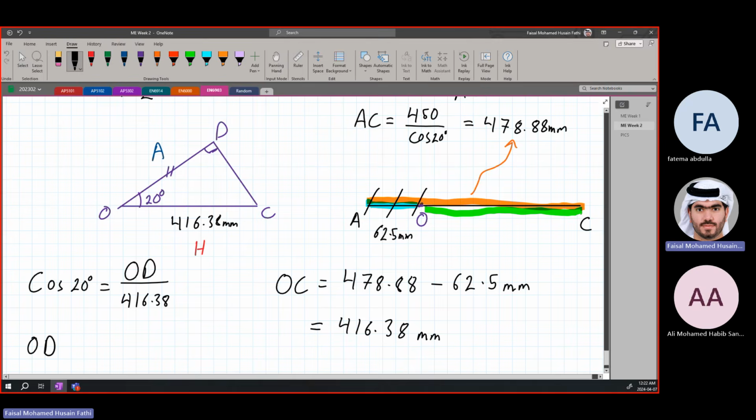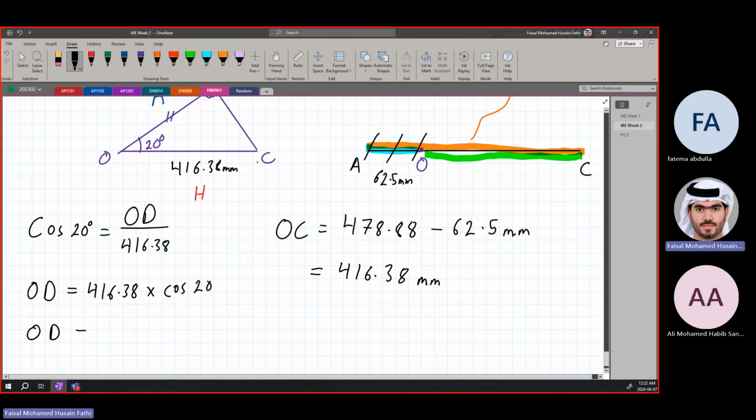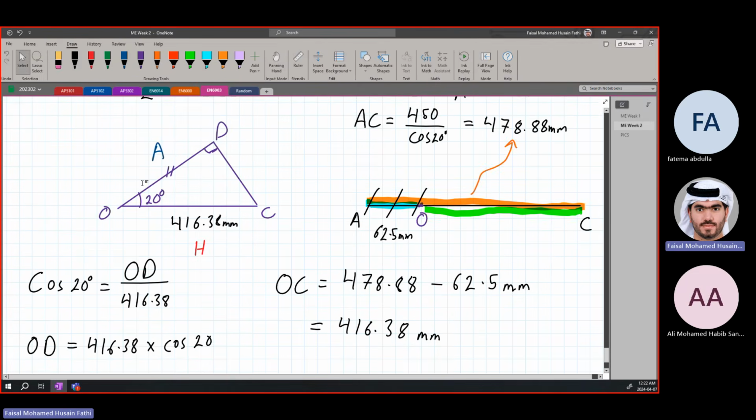So OD is equal to 416.38 times cosine 20, which is 391.27 millimeter. All right, this is what I got for OD.